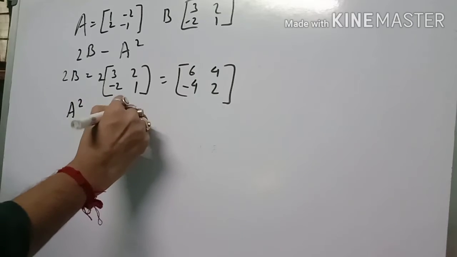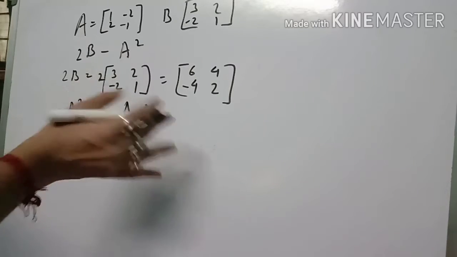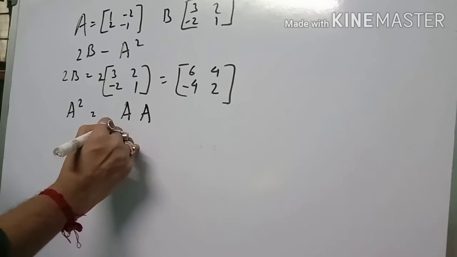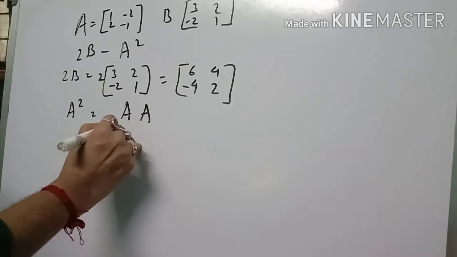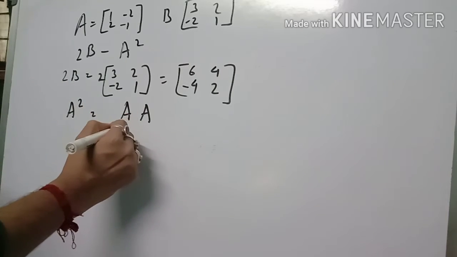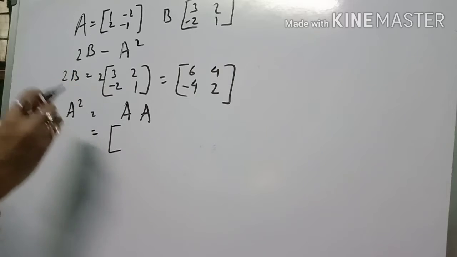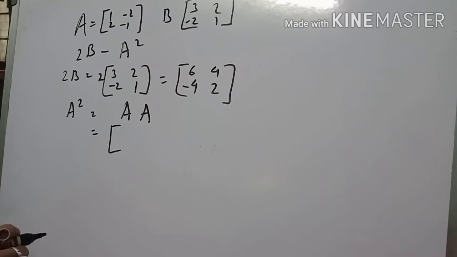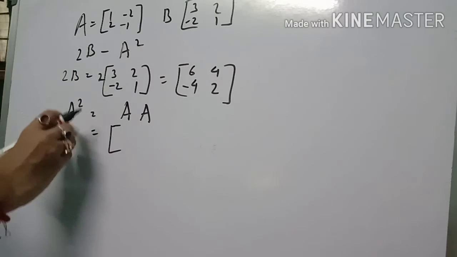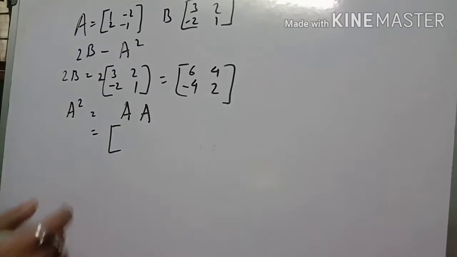A square means A into A, not the square of the elements. We need to square the entire matrix. That is, we need to multiply the matrix with the same matrix. That will indicate that we are doing the square. Squaring in matrices means we are going to multiply the matrix with itself.